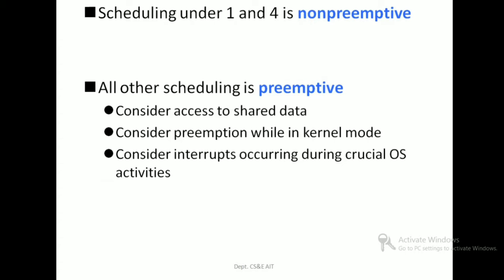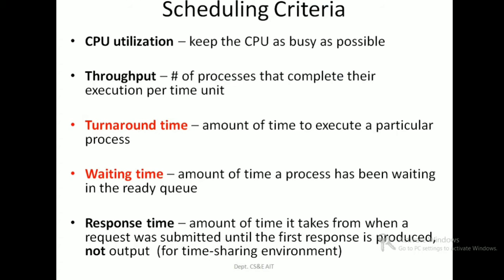As your experiment tells, it covers the implementation of shortest remaining time and round robin. And in that, what are we going to look for? There are many scheduling criteria available, but mainly we look at the calculation of waiting time and turnaround time.